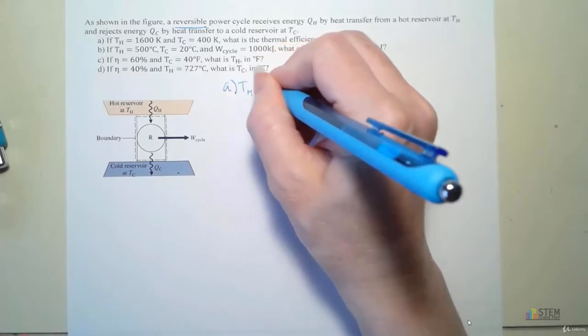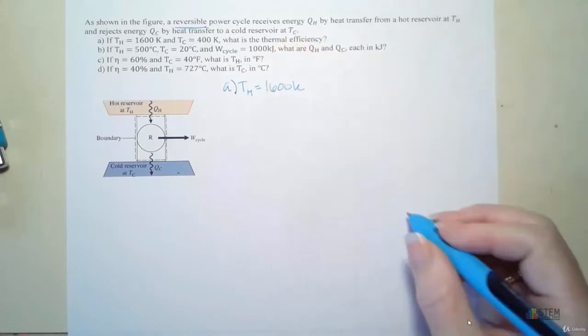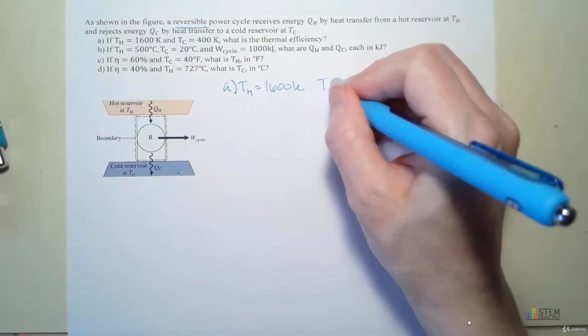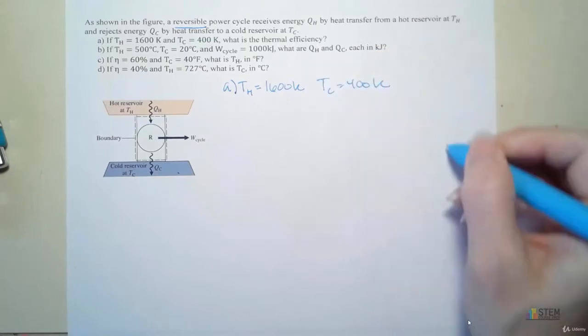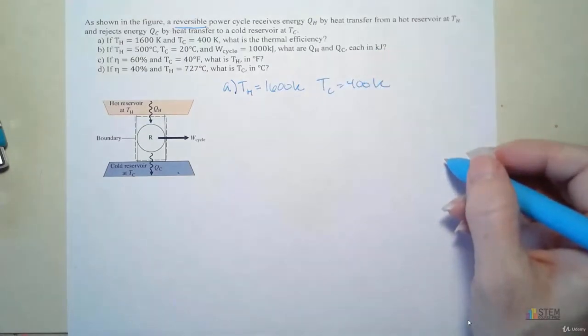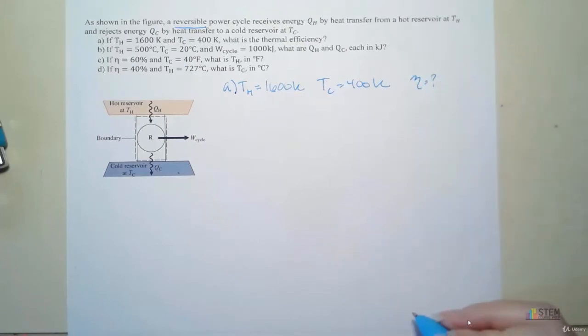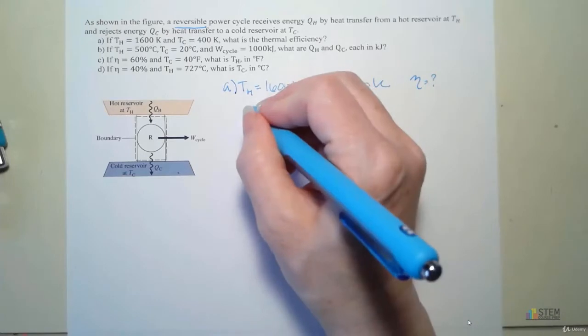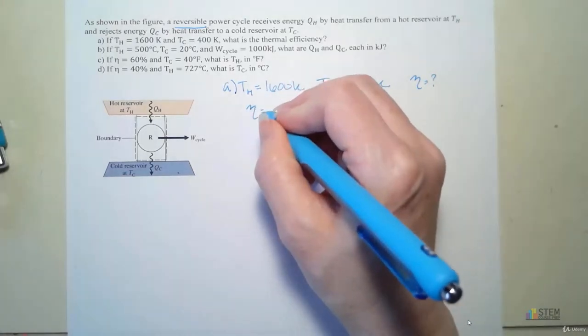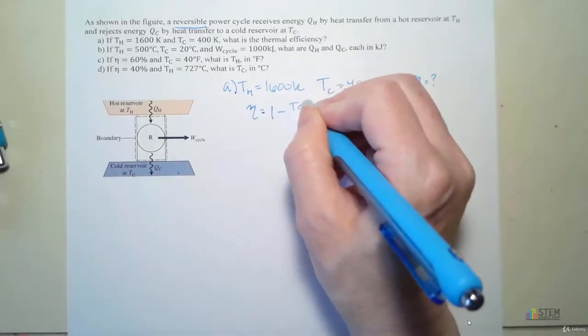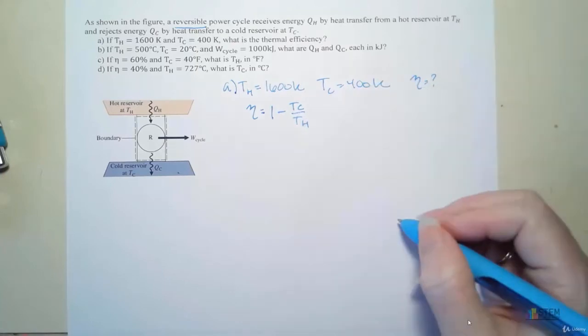So TH is going to be 1600 kelvins, TC is 400 kelvins. We want thermal efficiency. Remember, thermal efficiency is that eta symbol. The equation we're going to use, since this is reversible, will be 1 minus Tc over Th.